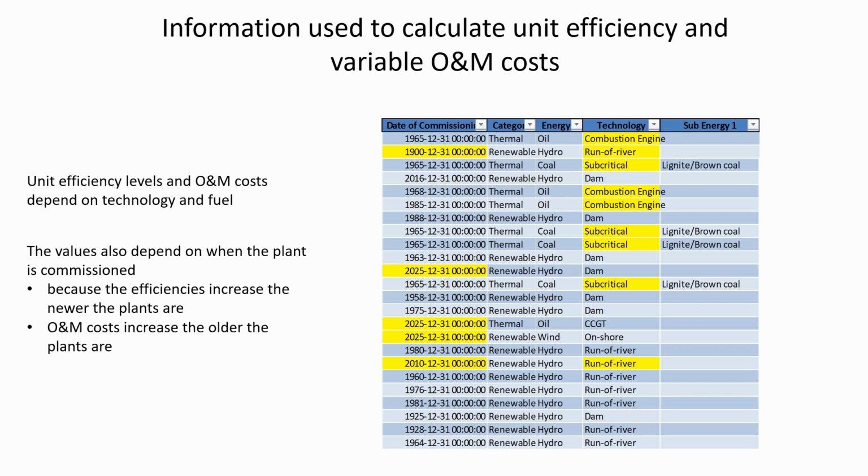We also know that the operational and maintenance cost will increase the older the plants are. So based on these technology data, the commissioning date, and the technology used, we will, for each of these units in the database, get an estimate of the efficiency and the operational and maintenance costs.